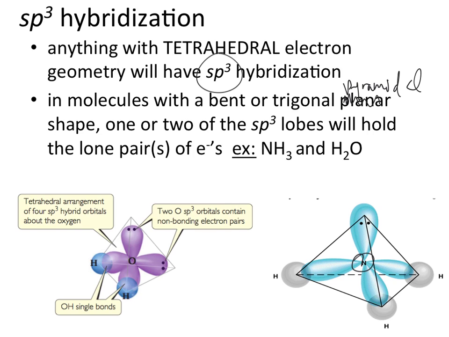Basically, for sp3 hybridized orbitals, there have to be those 4 groups, those 4 electron domains around that central atom, and that's what helps you identify it as an sp3 hybridized atom. Okay, so in this case, the oxygen atom, the nitrogen atom here, and in the case of CH4, the carbon, each of those atoms is sp3 hybridized. Their orbitals have been mixed and subsequently bonded with another atom's orbitals.